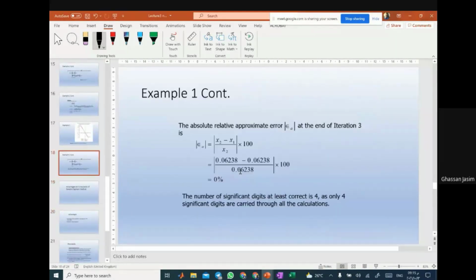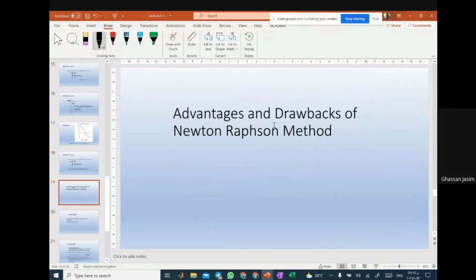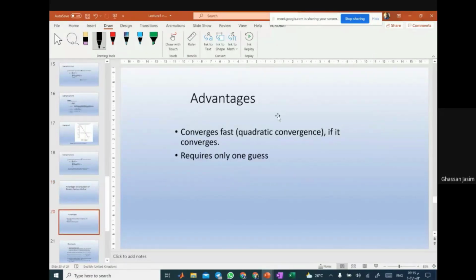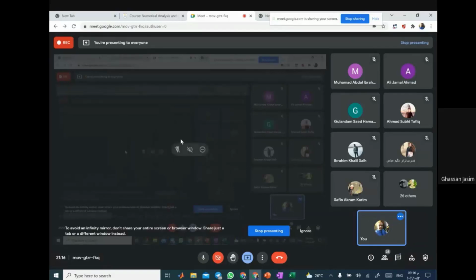Now let's talk about the advantage and disadvantage of the Newton-Raphson method. What is the advantage of this method? Who will read? Ibrahim, Khalil.